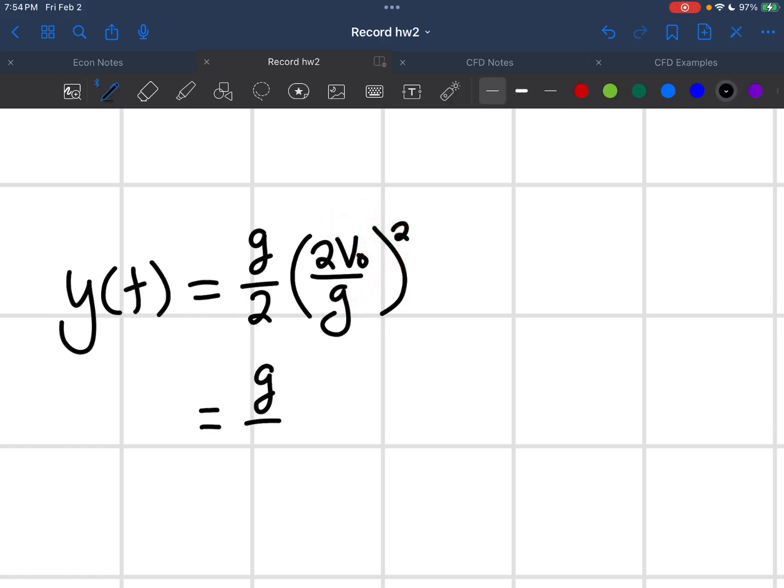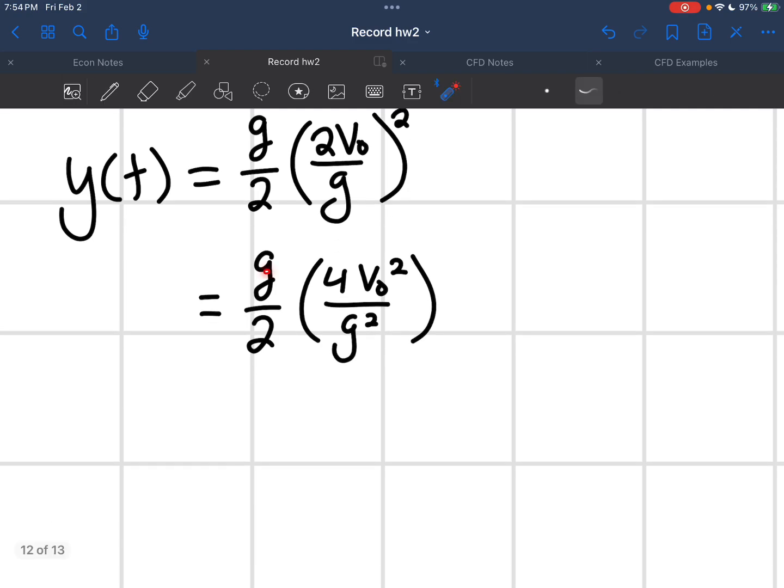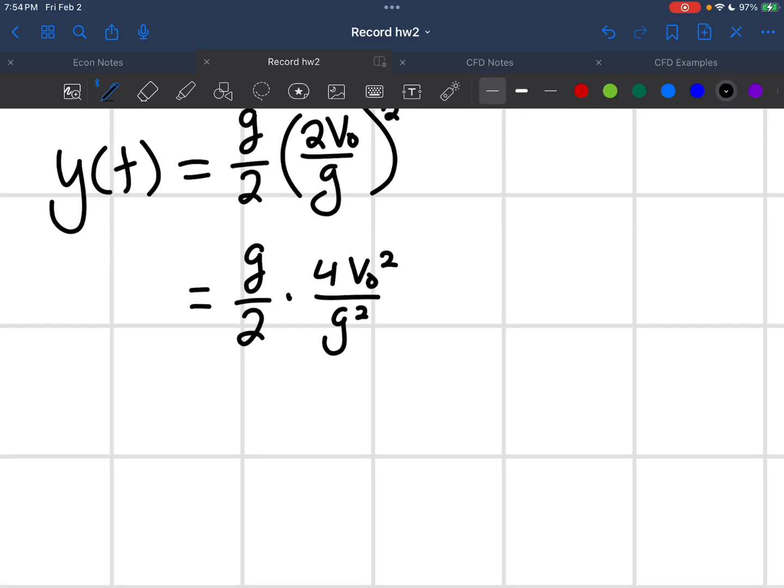So it's g over 2 on the outside, and then 2 squared is 4, v naught squared over g squared. Right? And since it's all multiplication and division now, I don't actually need these parentheses. I was just redrawing them so that we saw where one fraction ended and the other began.